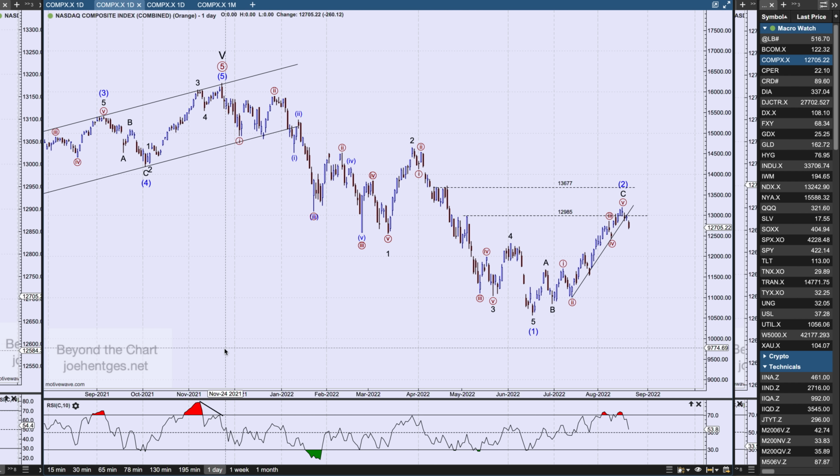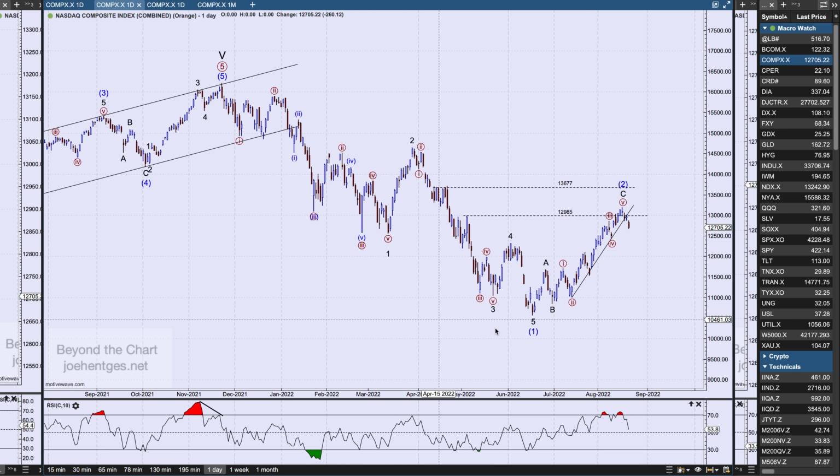Motive waves are the progressive type waves that tell you the direction you are in. Corrective waves always correct part of that motive wave. In motive waves, there are always 5 waves. In corrective waves, there are 3.